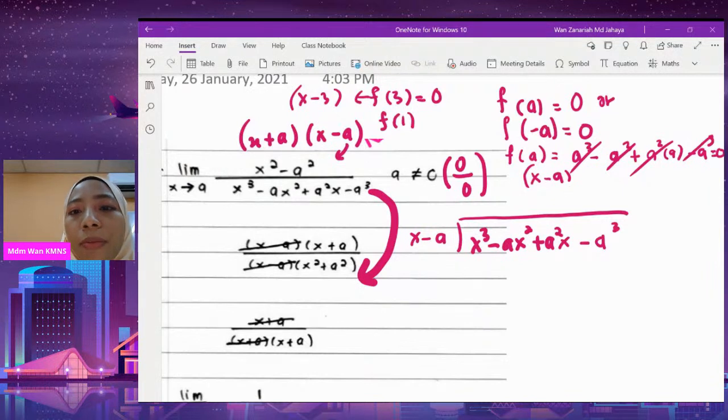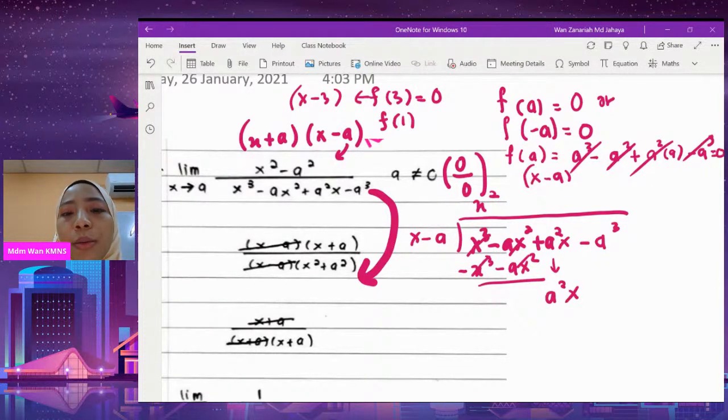Okay, so now what makes x cubed? X square. X cubed minus ax square. Okay, cancel out, negative plus become cancel out as well. Negative, negative, positive. And then you bring down a square x.